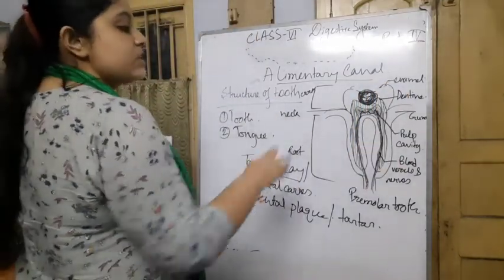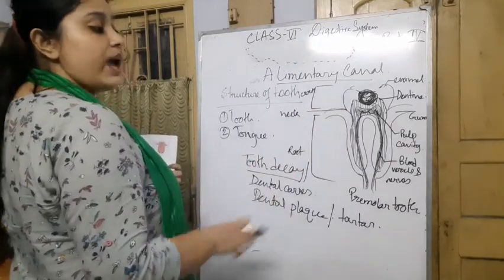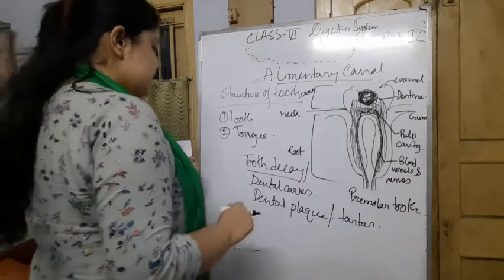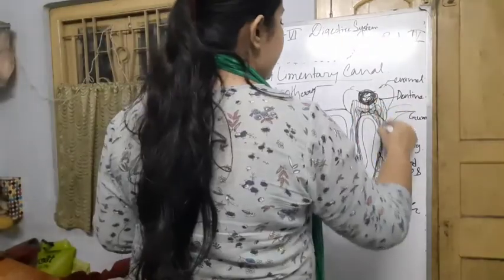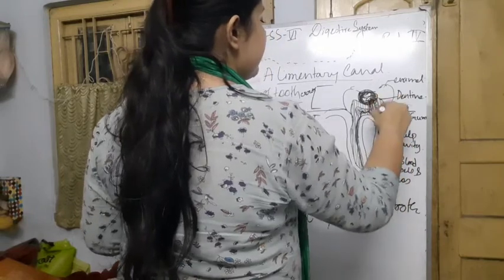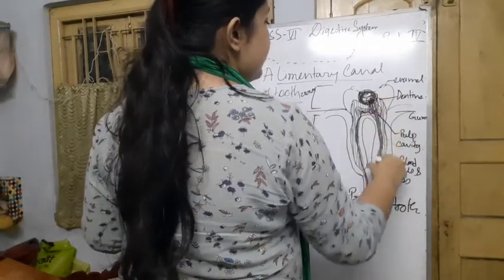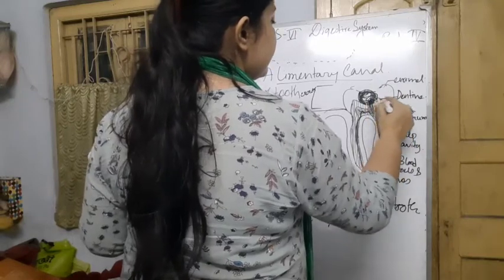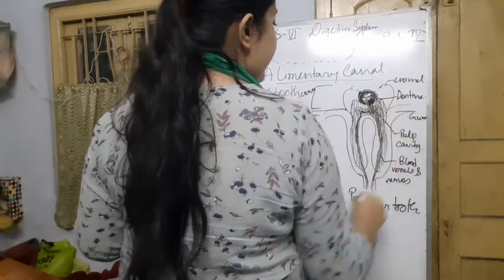Sometimes it goes into the lower part and can affect the blood vessels and nerves. It will block these nerve channels and blood channels, so it starts paining. If this part is gone, then it will start paining.